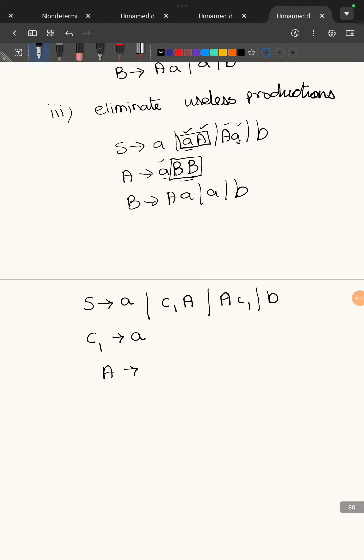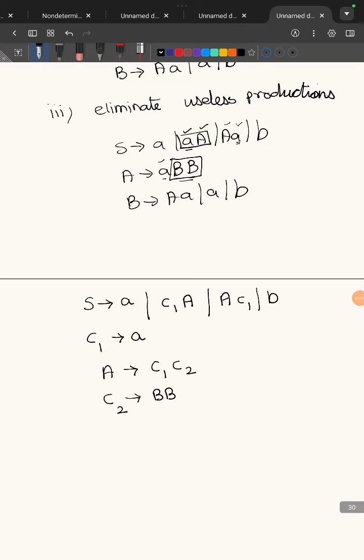Instead of a, we will write C1 because C1 is deriving a. Now this BB we will write in the second rule. So we will introduce another symbol C2 over here. So basically C1 is deriving a, C2 is deriving BB. That is what is present in your A. We are splitting that into two rules and writing over here.